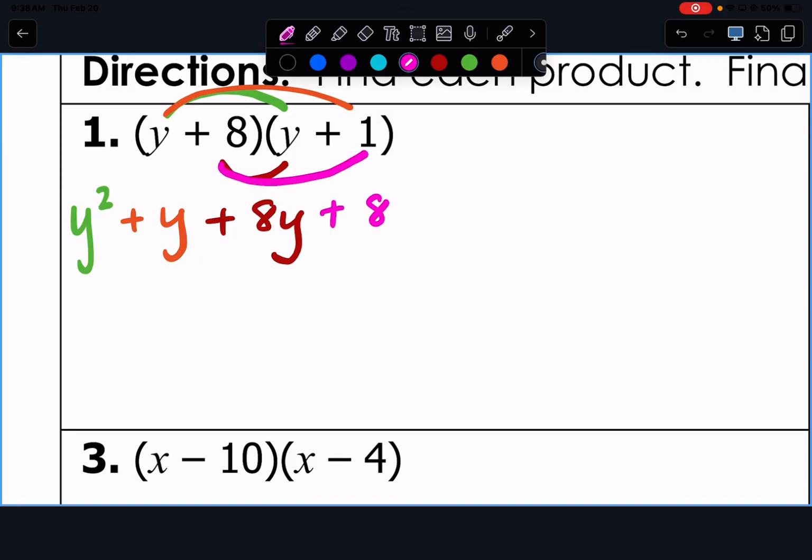So what can I combine? What pieces? y and 8. And so I get y squared. Perfect. That's our answer.